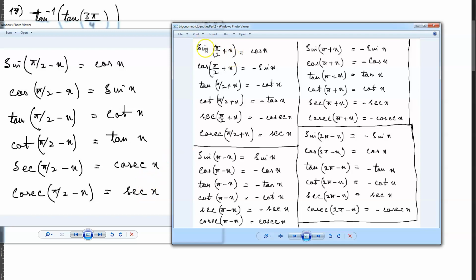And the exact same thing happens here, sine cos, cos sine, of course ignoring the sign for now, tan cot, cot tan, and so on and so forth.